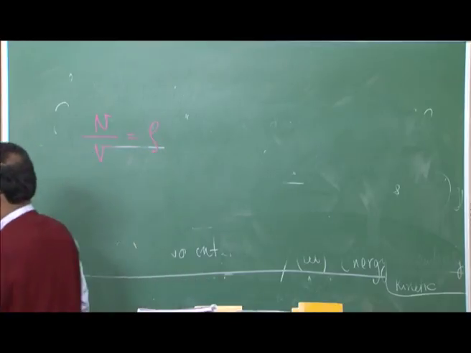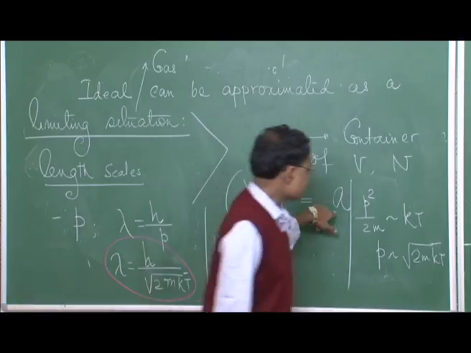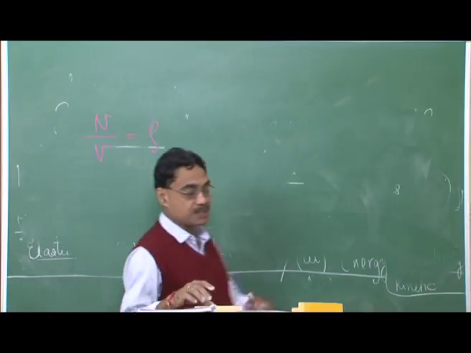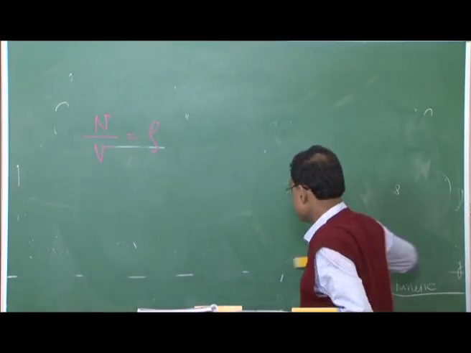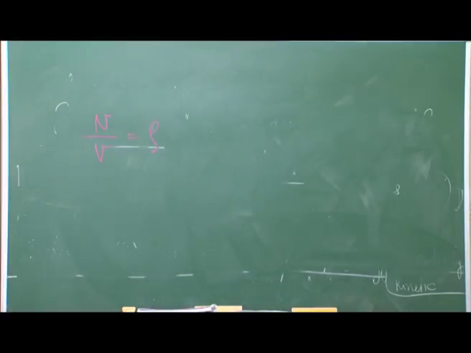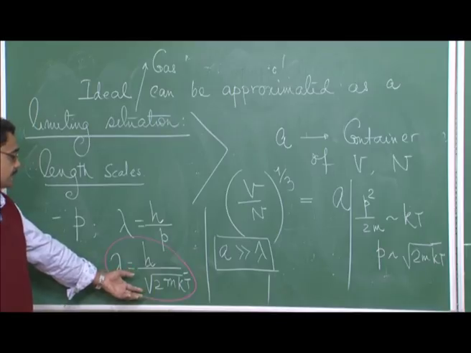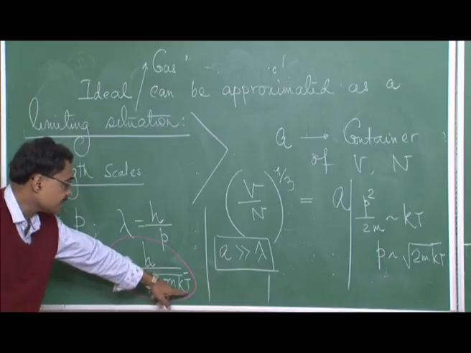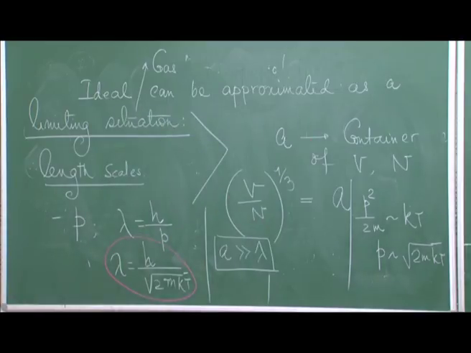If density is lower and lower, A is automatically increasing. So, once again I can say A is much greater than lambda. If you do not like the concept of lambda, you just want to make A very large compared to the other length scales of the problem. First, increase the temperature or reduce the density.